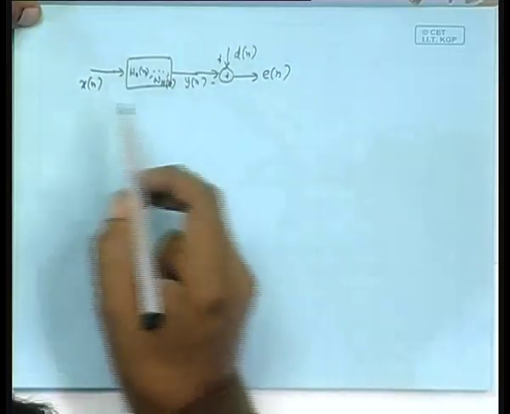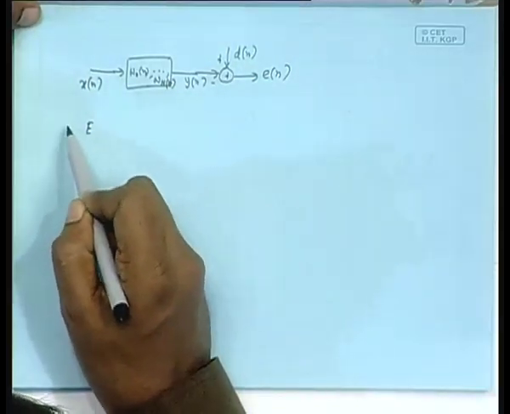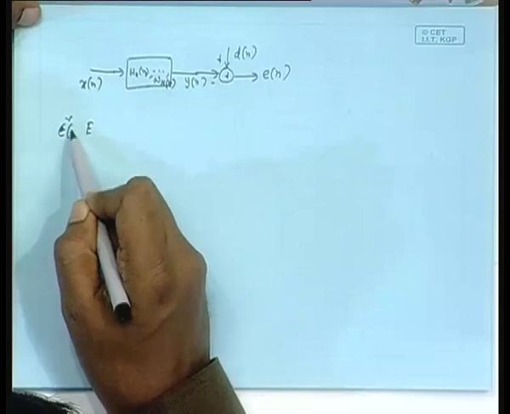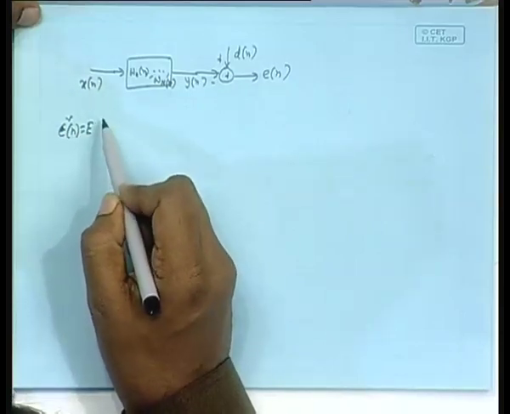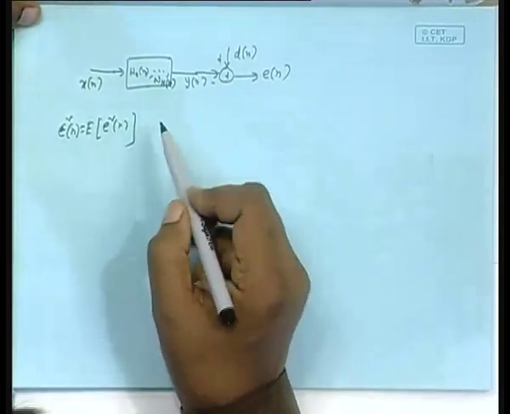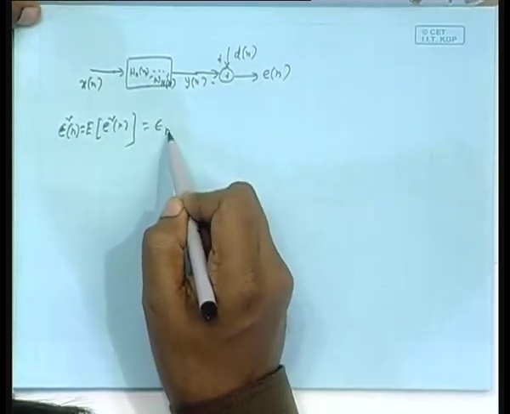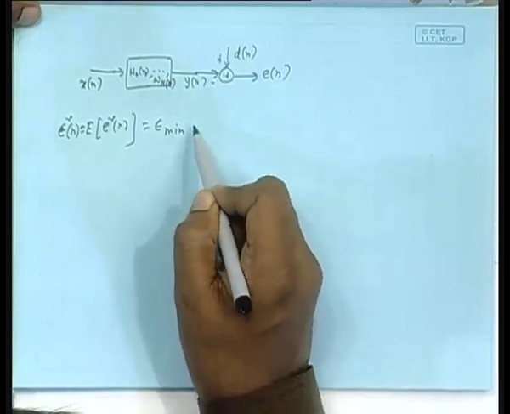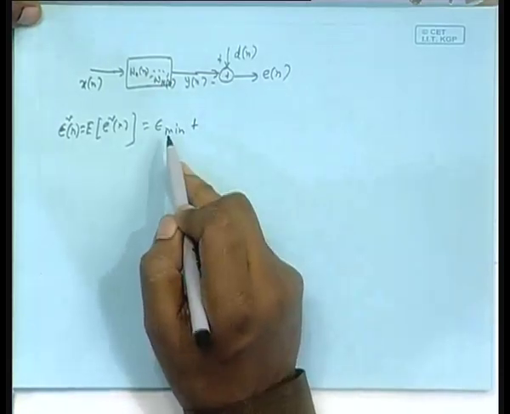Last time we were analyzing this error epsilon square n is equal to this, okay, and this is found to be the minimum plus an extra component that I am coming to. What is the minimum?